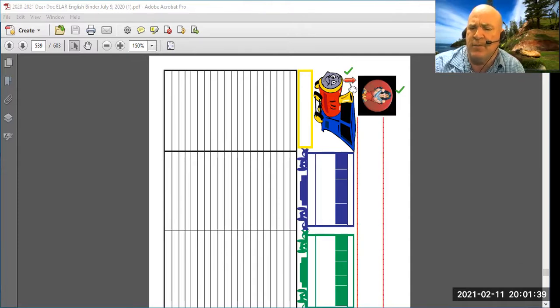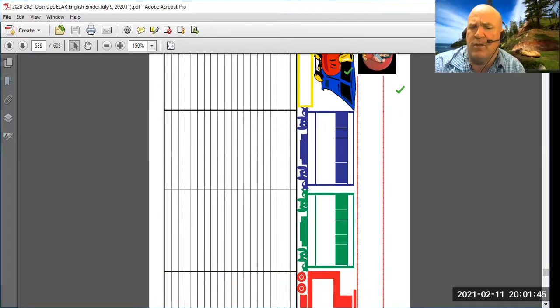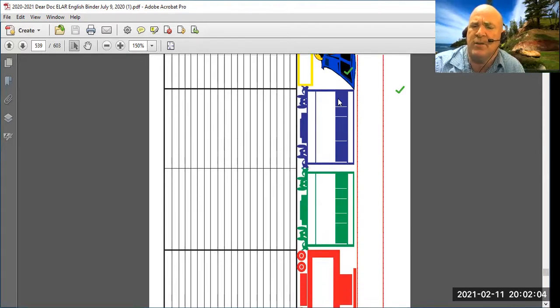But as you see here, if you think about it, the yellow box is going to represent the introduction. The blue and the green are the body, either reason 1 for blue and reason 2 for green, or reason 1 can be the example, the reason, and blue, and the example, the way you explain and explode it, can be the green, with the red being the conclusion.